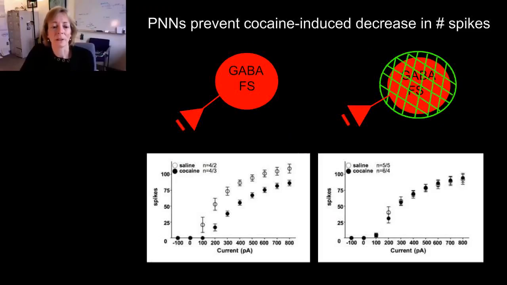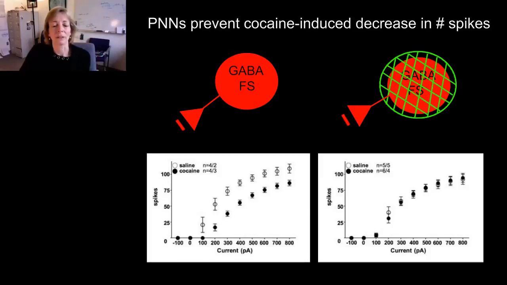What he's found so far is pretty clear, and that is that these fast-spiking neurons that do not contain nets show fewer spikes. So on the left-hand graph, it's showing on the y-axis the number of spikes as the current is increased. And you can see in the open symbols, saline-treated animals, there's an increase with current, and a decrease in that ramping up.